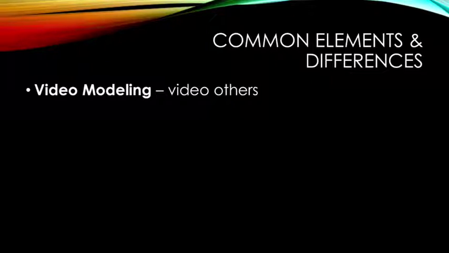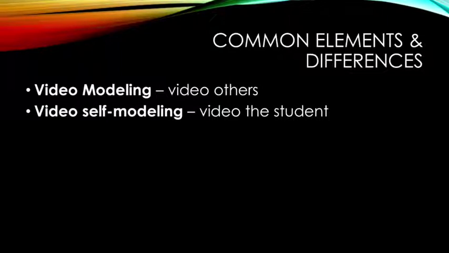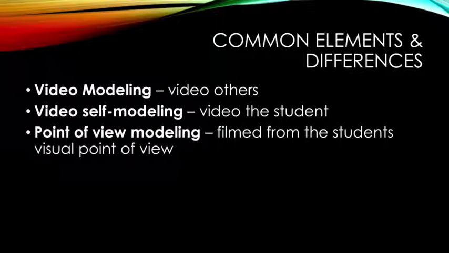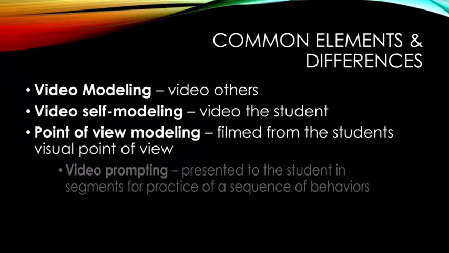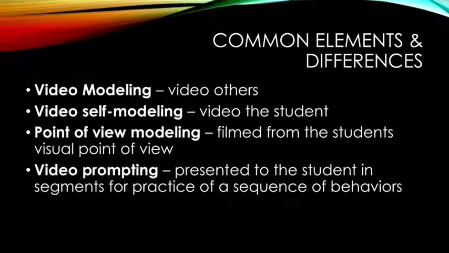When it comes to video self-modeling, we are going to use the student as the actor in the video performing the task. When it comes to point of view modeling, we're going to film it from the student's visual point of view to show them exactly what we're expecting. And video prompting is presented to the students in segments so they can practice a sequence of behaviors.